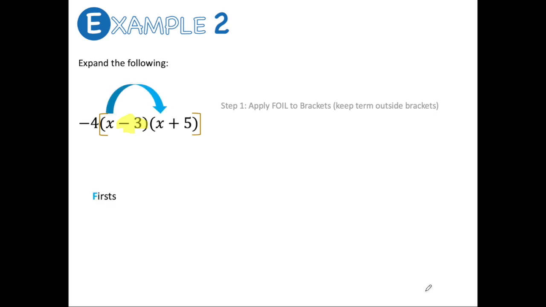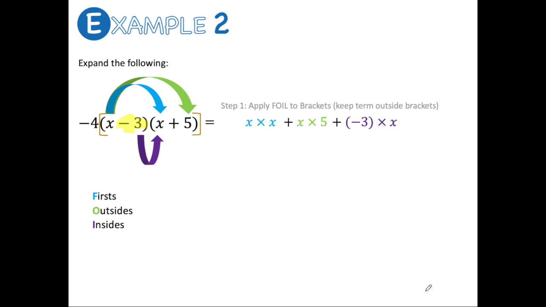So first x times x, and then it's going to be x times 5. Then it's going to be my inside terms, so -3 times x, and then -3 times 5. So again, I'm going to keep that inside a larger set of brackets and have my outside term, my -4, sit on the outside.